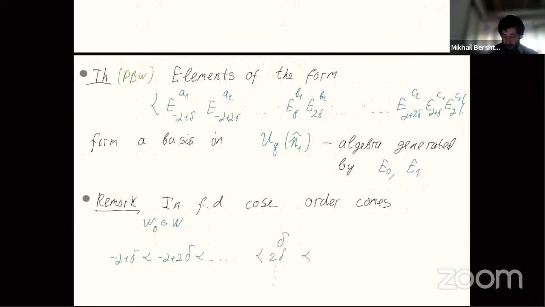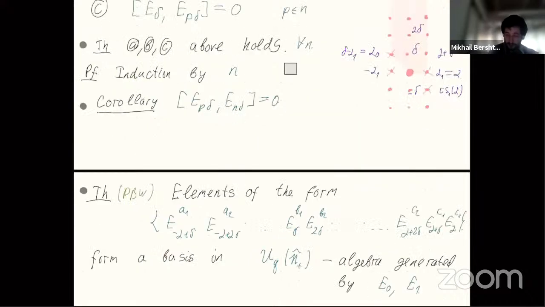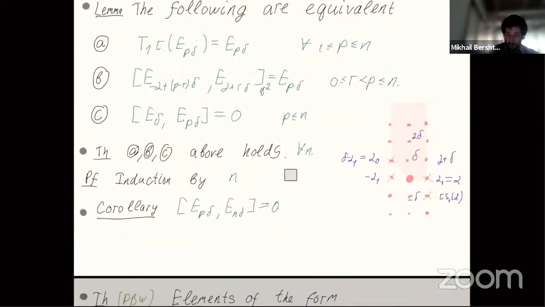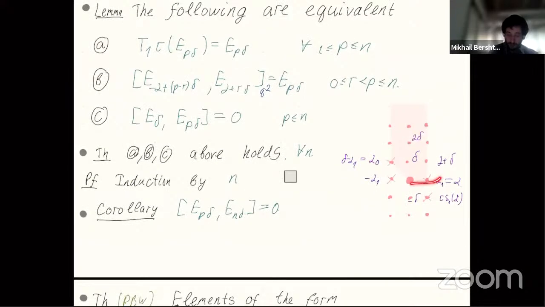And then we have alpha plus 2 delta less than alpha plus delta less than. Geometrically, the order is just the counterclockwise order in which we see our roots.